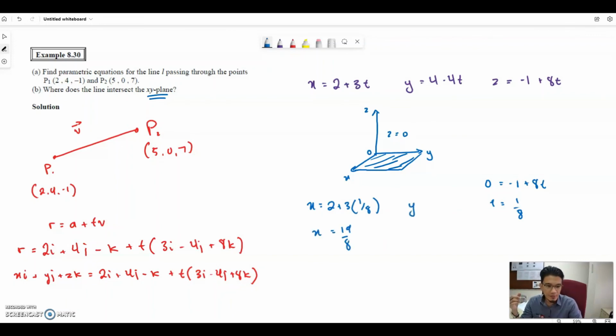And then y is 4 minus 4 times 1 over 8, so the coordinate for y is 7 over 2. So where does the line intersect the XY plane? The line intersects at the coordinate 19 over 8, 7 over 2, and z is 0. That is the solution for example 8.30.